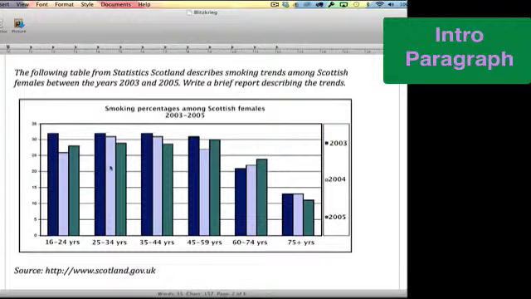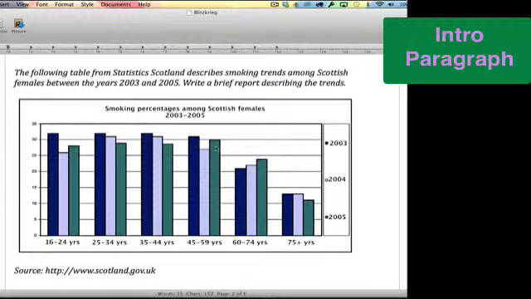For example, if we look at this graph, Scottish women that are 16 years of age, between 16 and 59, we see a fairly common value. This looks like it might be a little bit lower, but relatively common value for this large age group, and that is in the year 2003.